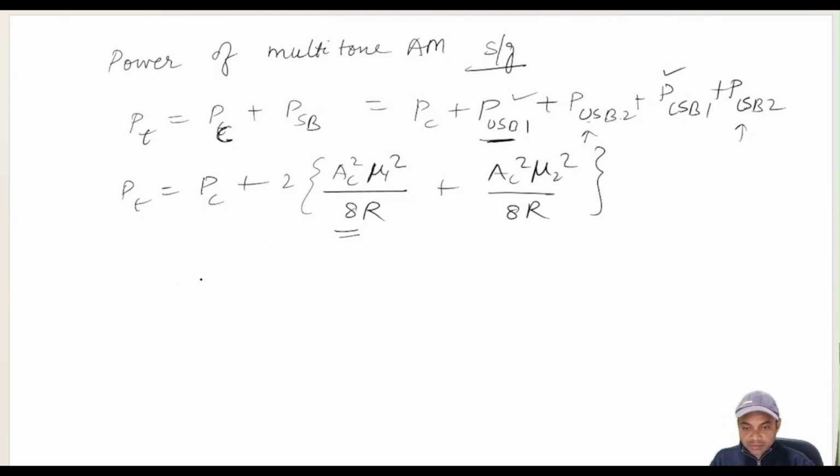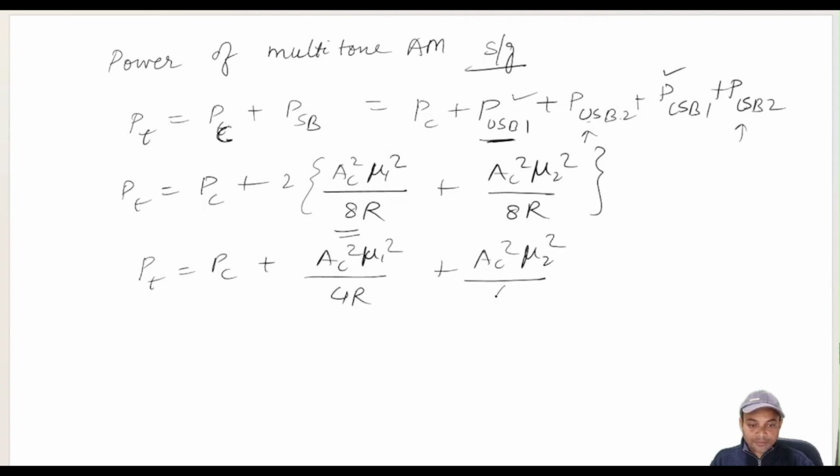Then what will be PT? PT will be PC plus Ac square mu1 square divided by 4R plus Ac square mu2 square by 4R. And what will be PC? PC is Ac square by 2R.